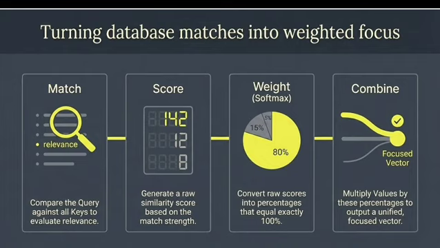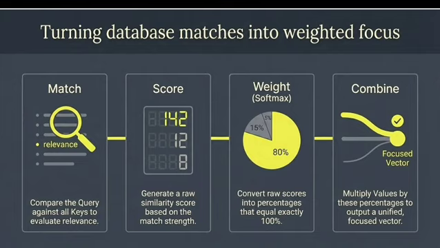That can be considered normalization. It's just one example. Getting back to the topic, after generating a raw similarity score based on the match strength, these raw scores are converted to percentages, and the factor taken here is 100%.